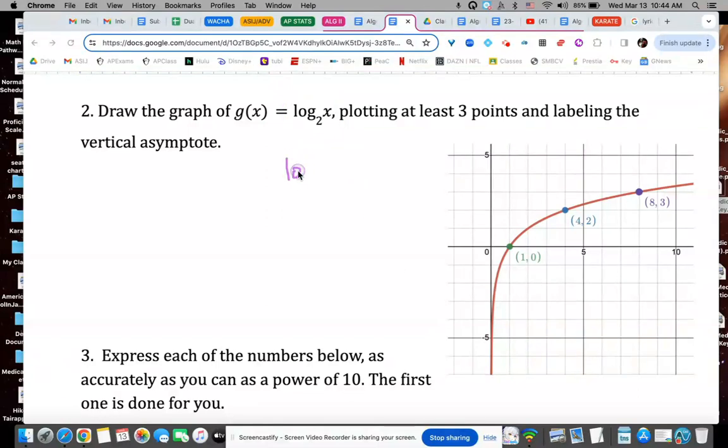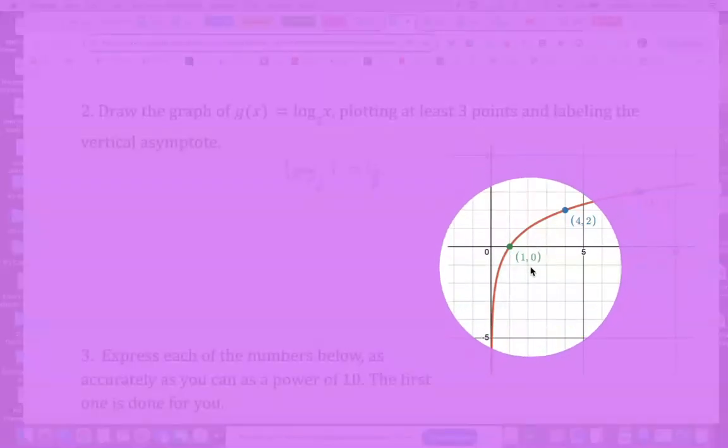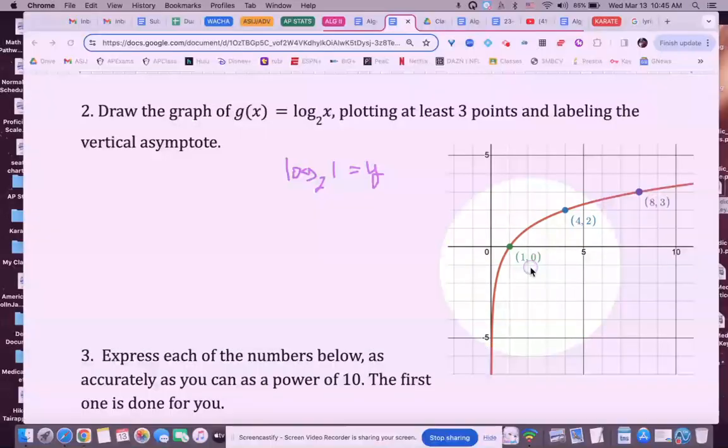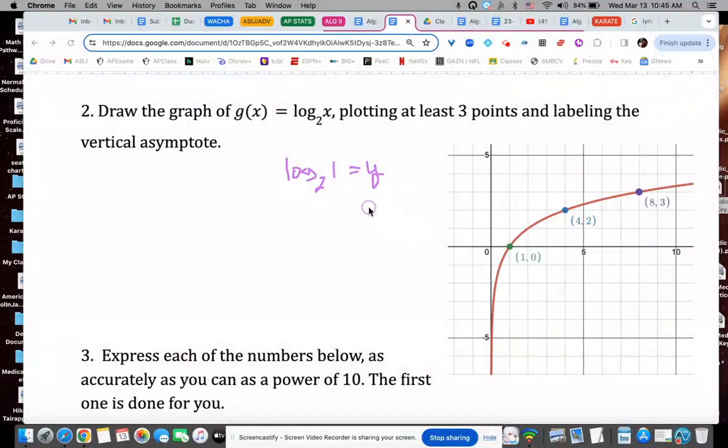So if I say log base 2, but I put a 1 into that equation, I'm asking myself what power, or in other words, what y value, 2 to what power equals 1? Well, that has to be 0, so that's why you see this number over here, right?